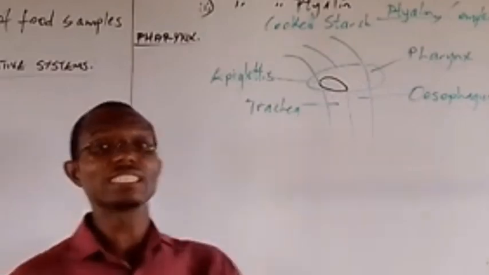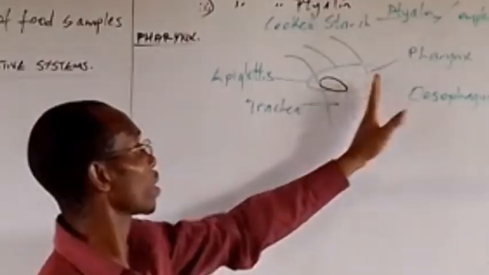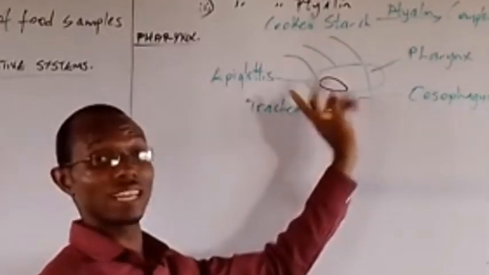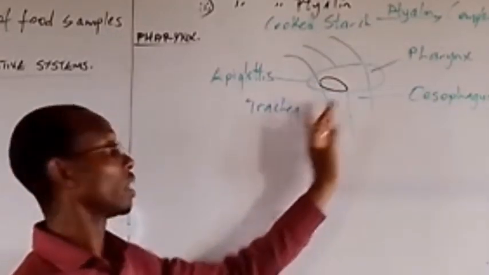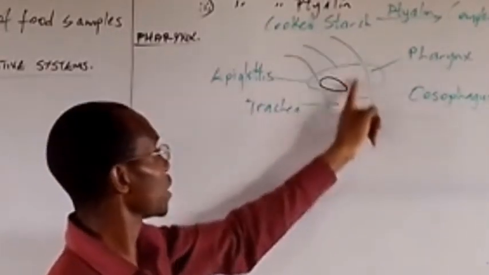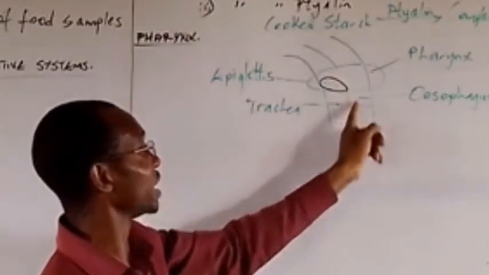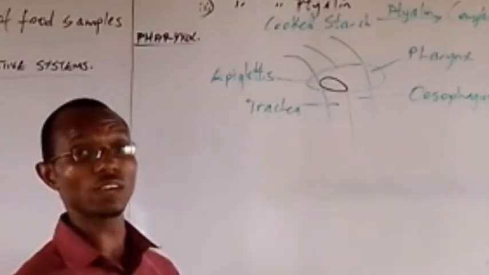And then, if there is a need for us to swallow, the epiglottis flips from covering the esophagus to covering the trachea, like I'm showing right now. It covers the trachea, leaving this place open so that the food can come into the esophagus.